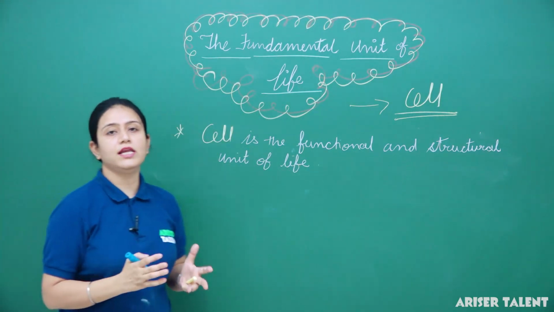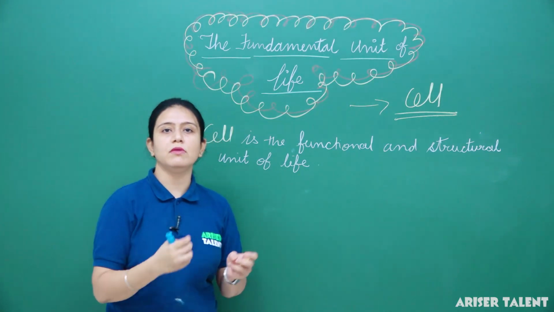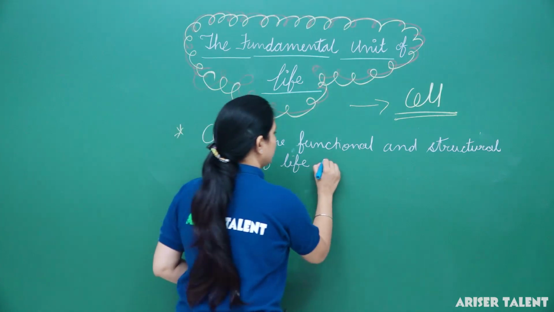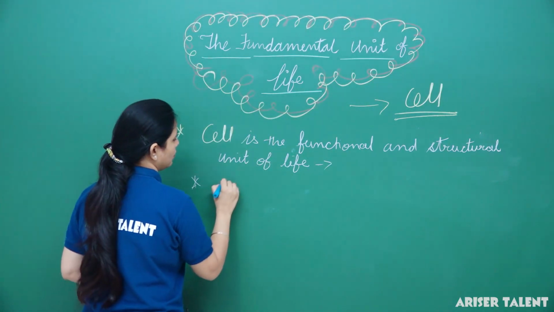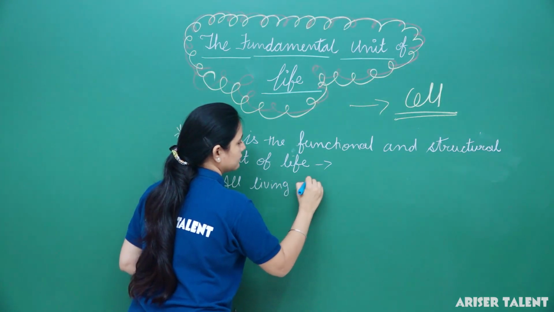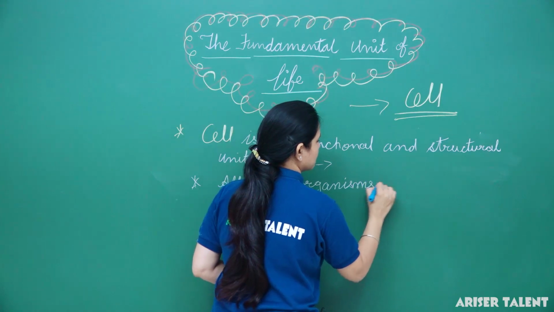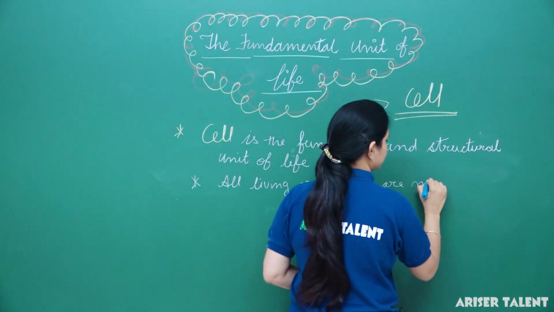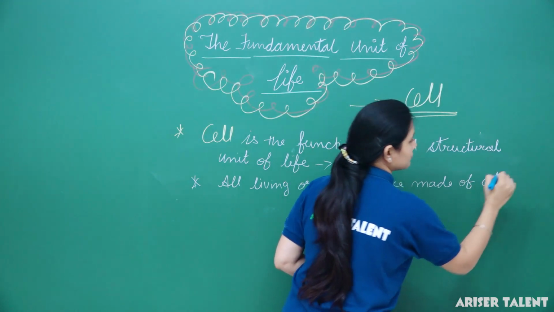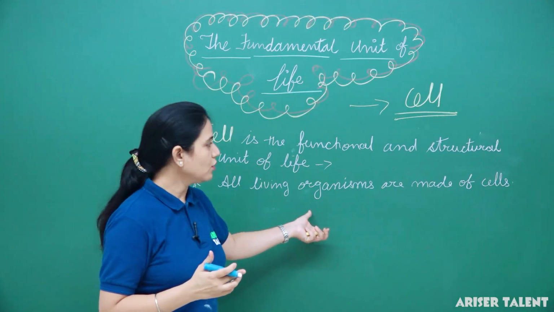Because all the living organisms, whether they are prokaryotic, eukaryotic, unicellular, multicellular, every organism is made up of cells. Because all living organisms are made of cells. Okay, and the basic structure of cell is common.